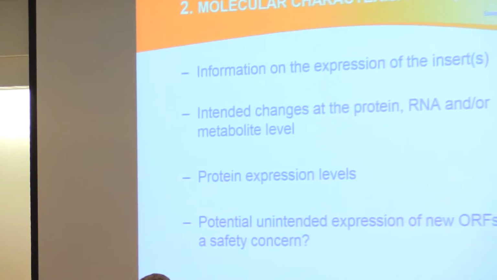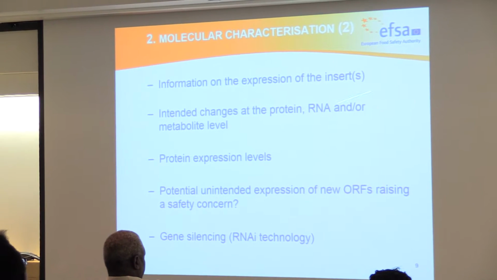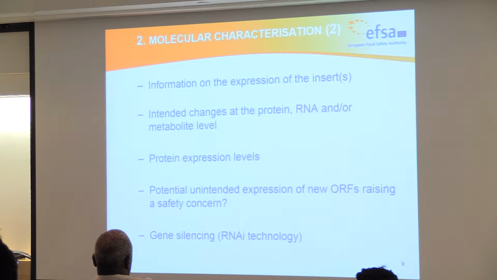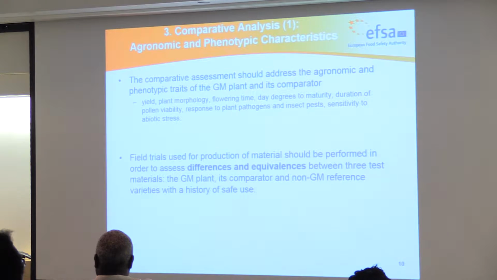Now, molecular characterization, the gene expression is a key issue, and also changes at the protein level, but also RNA, etc. And things of gene disruption and the potential for formation of new open reading frames is an issue to look at, and gene silencing as well.